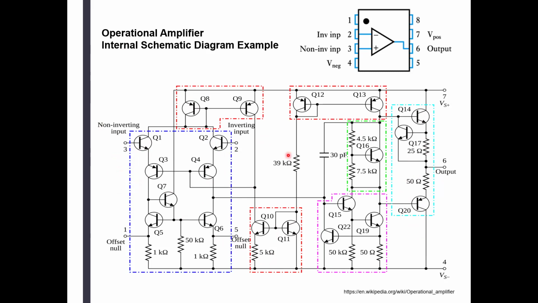I know it's there. Here's the output. Here's pin 7, which we are going to apply positive power to, and negative power. And here's pin 6, that is output. Now it's bugging me. There's pin 2 right there, the inverting input. Okay.